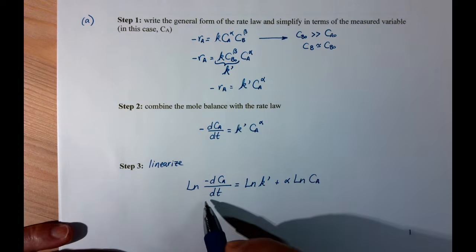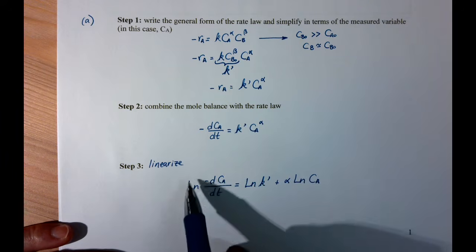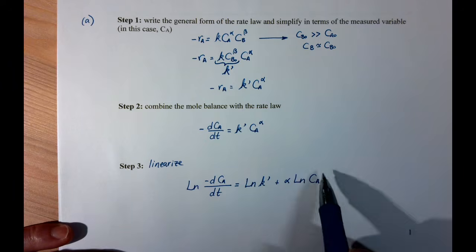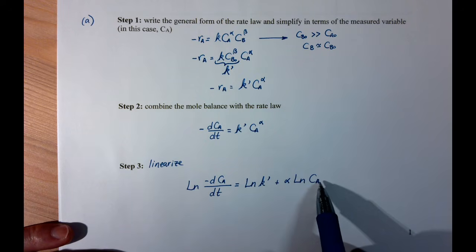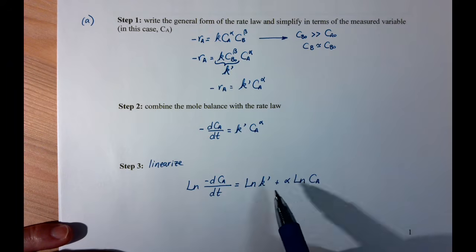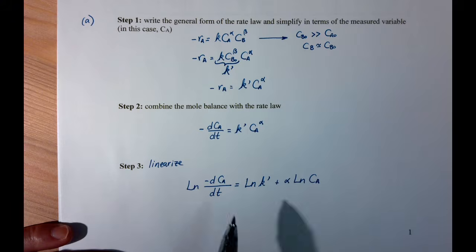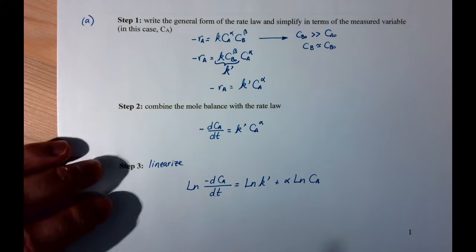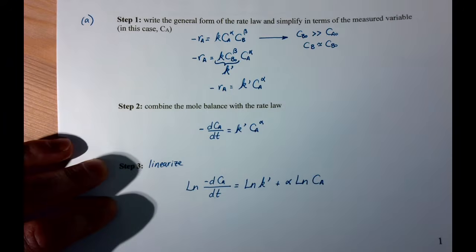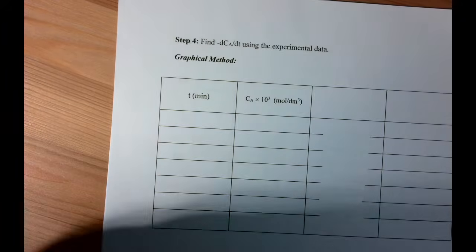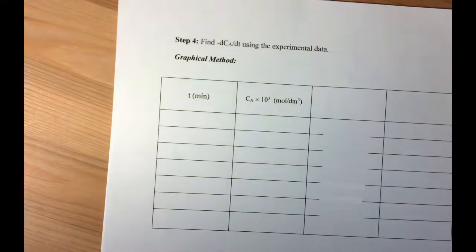Now I want to represent natural log of negative dCA dt obtained from the experimental data versus natural log of Ca from the experimental data, to find the slope and the intercept to calculate alpha and K prime. So where can I get dCA dt? I'd have to use that graphical method to determine that, or use the finite differences method.